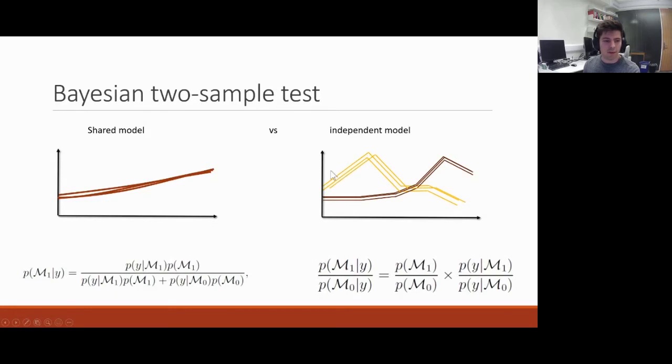Now, in the Bayesian framework, we're going to take this as a model selection problem and call these model 0 and model 1, and we want to weigh the relative plausibility of these two models given the data. And you can think of this as the posterior probability of the independent model given the data, or maybe you prefer to think of this as the posterior odds of these two models.